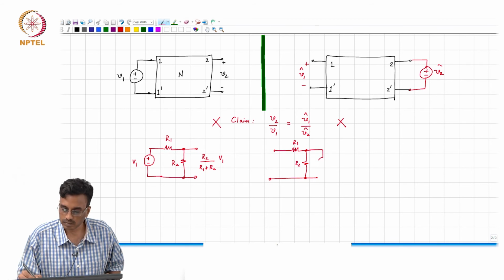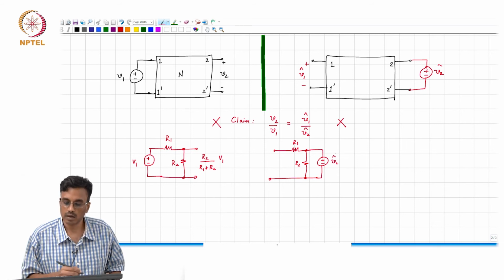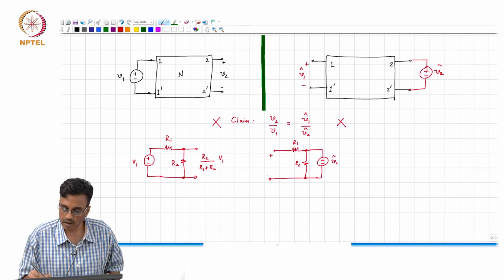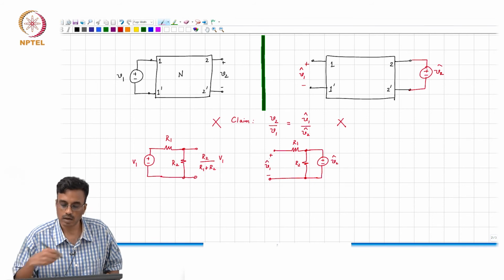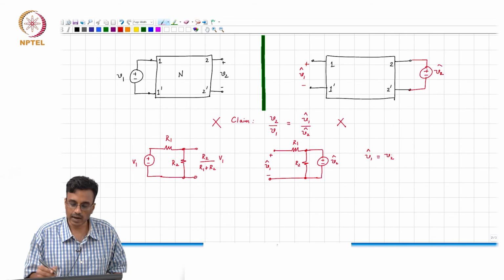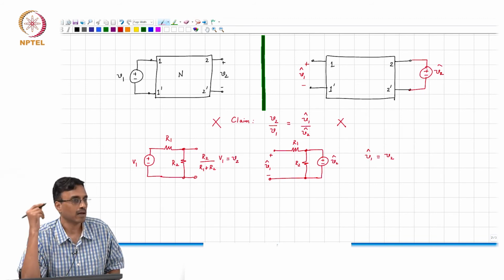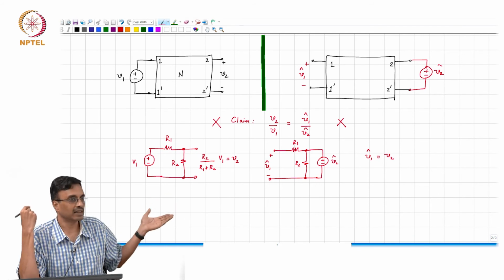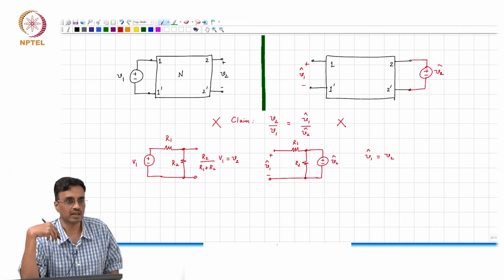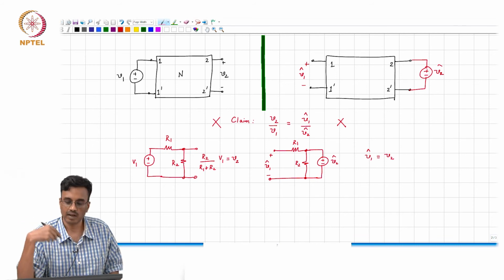I will apply V2 hat here, and what is V1 hat? V1 hat is V2. So, clearly you can see that the transfer functions are not the same, right? And the reason is that the graph of the network is different.